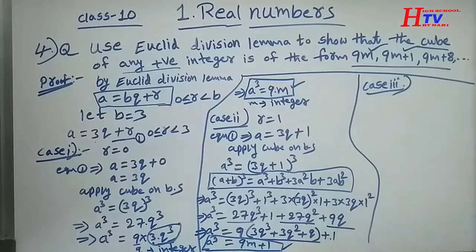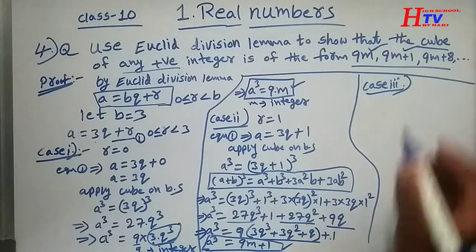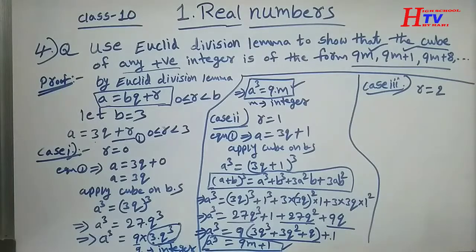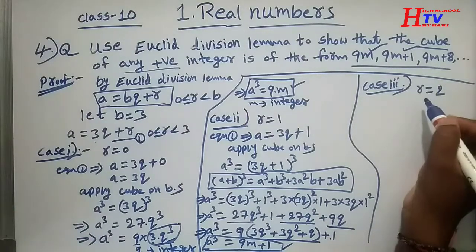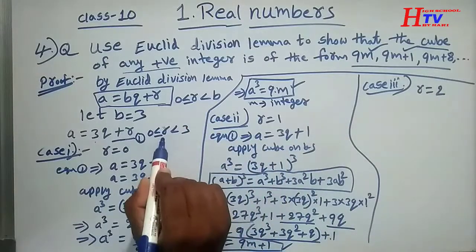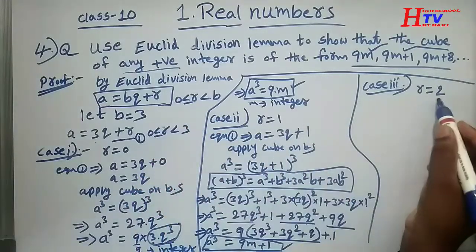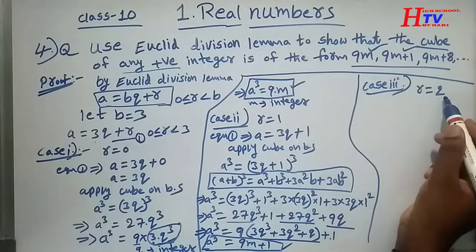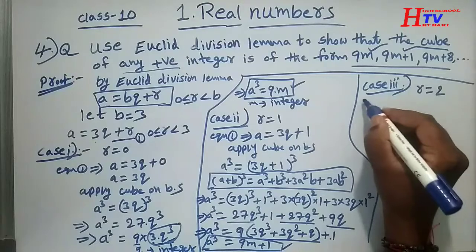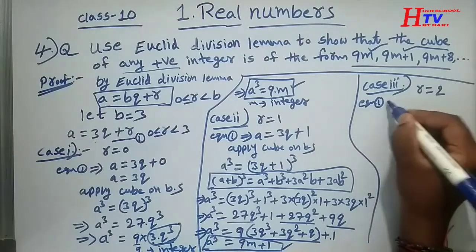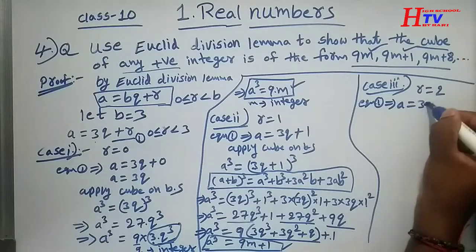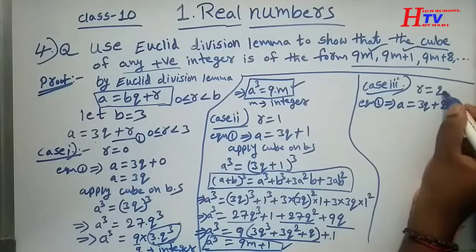Case 3: remainder r equals to 2. Don't take up to remainder r equals to 3, because r is less than b, here less than 3, means up to 2 only. r equals 2 is the last case. Equation 1 implies a equals to 3q plus remainder 2.